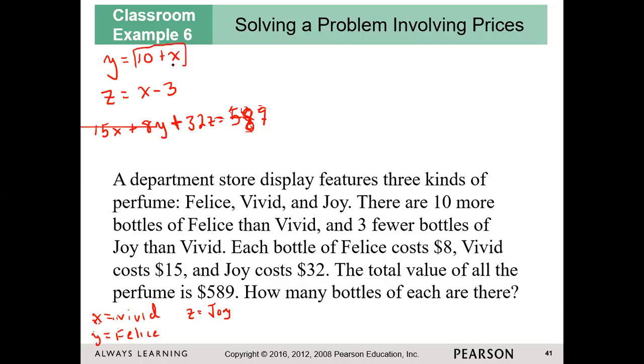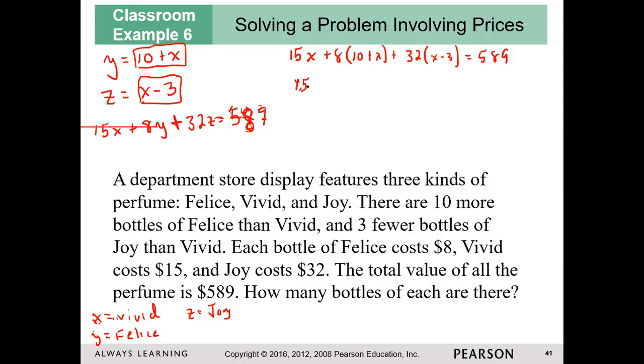We can substitute this and this in for their respective variables, and that will give us a big, long, singular equation with just x's in it. So let's see what that's going to look like. So 15x plus 8 times, substitute this in, 10 plus x, plus 32 times, substitute this one in, x minus 3, is equal to 589.